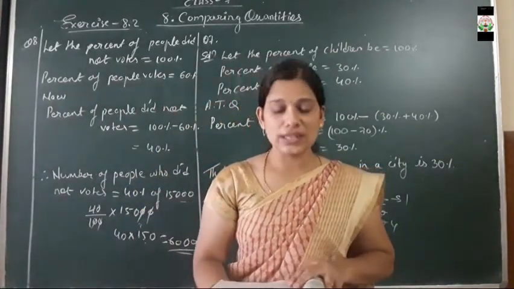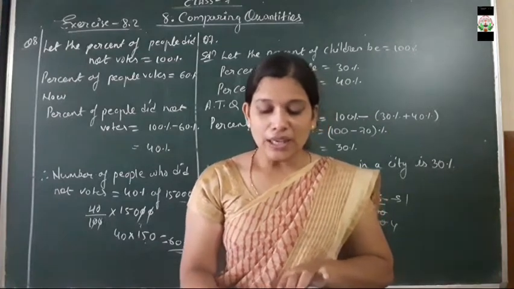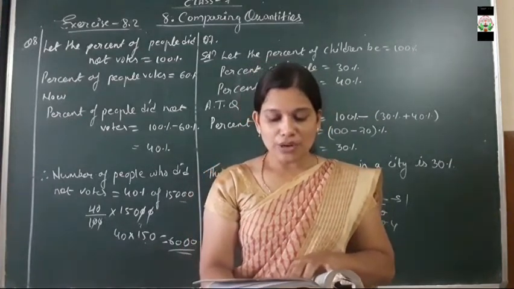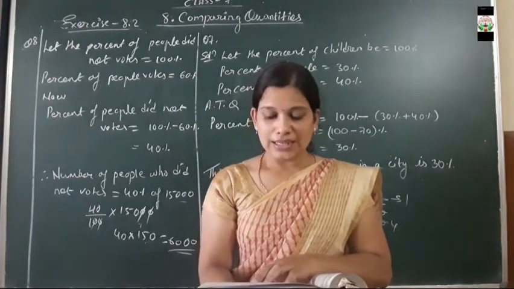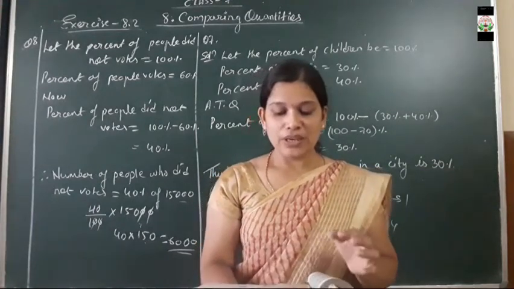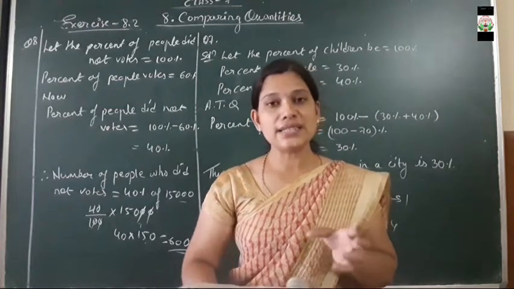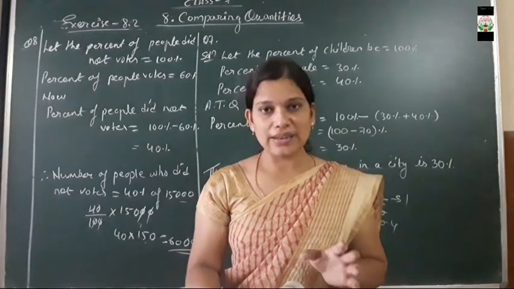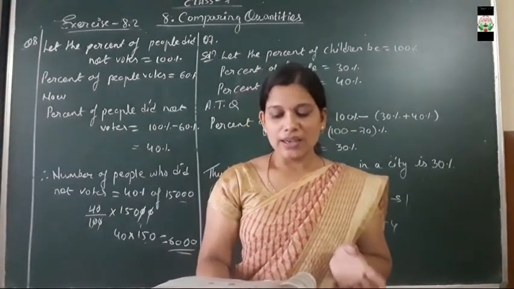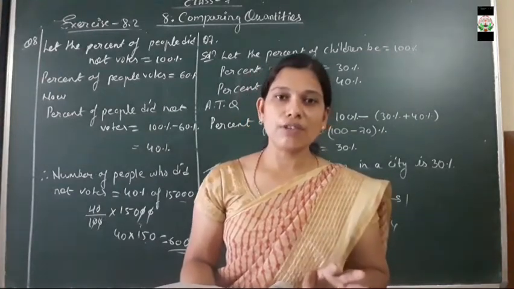Now moving towards the 9th question. Here it is said that Meeta saves rupees 400 from her salary. If this is 10% of her salary, what is her salary? Now here Meeta is the person who is going to save 10% of her salary. So the 10% of her salary will be 400.